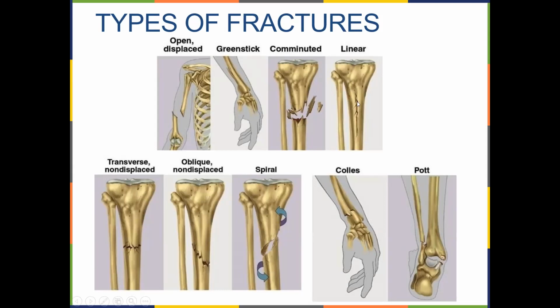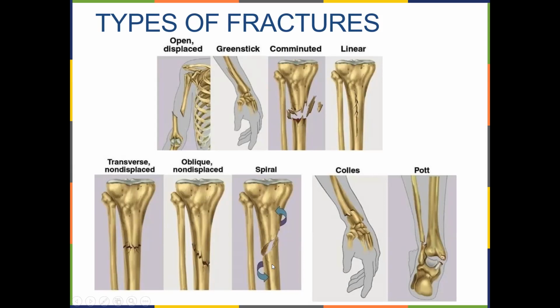Don't like that. A linear fracture, this is what we usually get if we have a fracture in one of our phalanges, like when you shut the car door on your hand. It happens. Transverse fractures, straight across, oblique fractures diagonally, spiral fractures. The bone has been twisted.